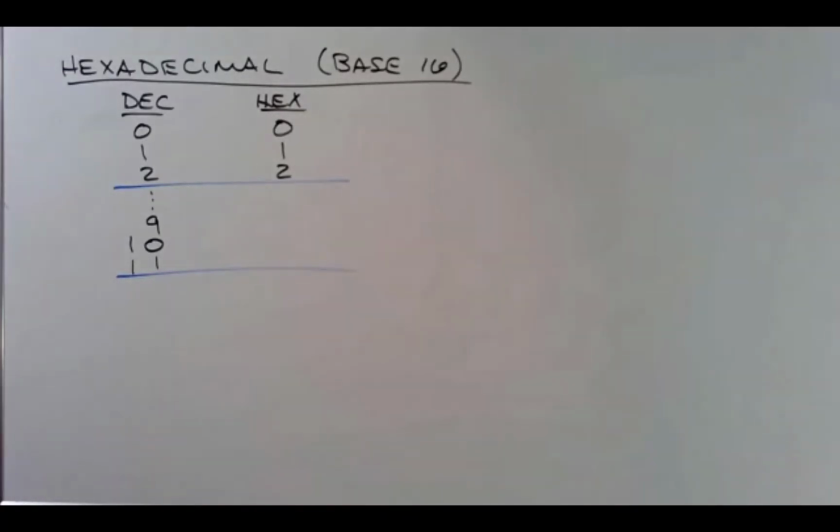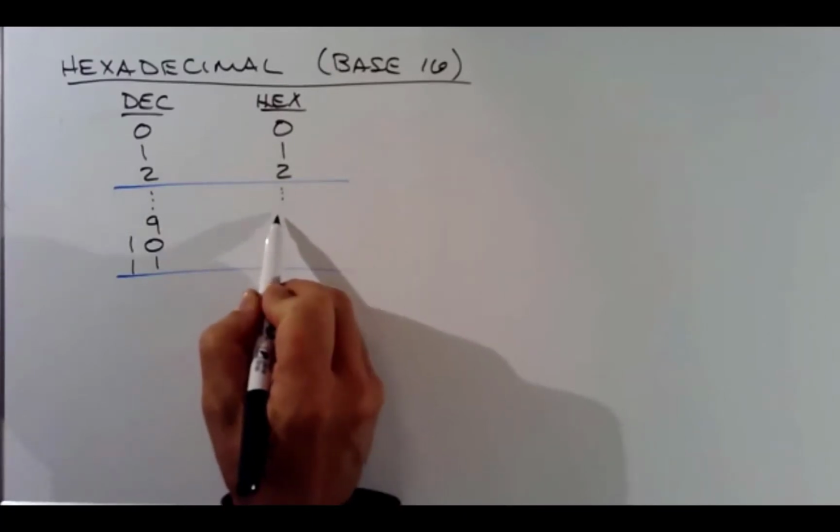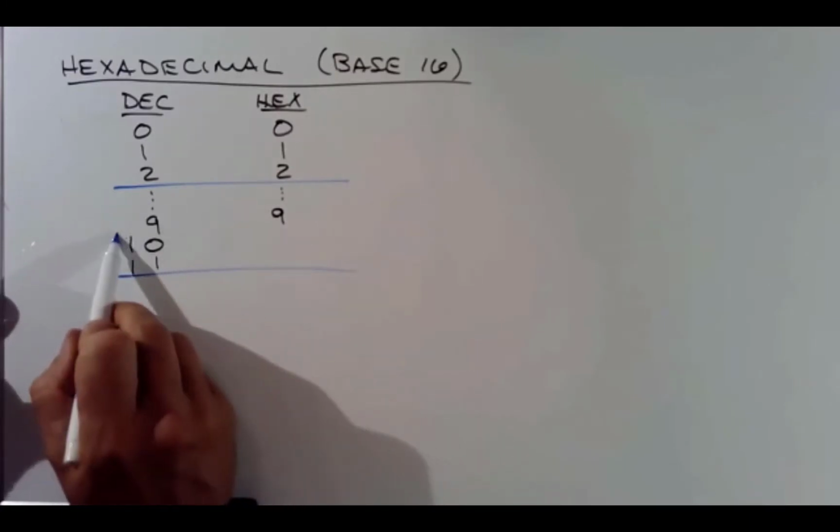So you do the same thing with hex, except you don't have 10 symbols, you have 16. So when you get up to 9 in hex, you still have the symbol 9. When you get up to 10, I'm going to draw another line here so I keep all this straight.